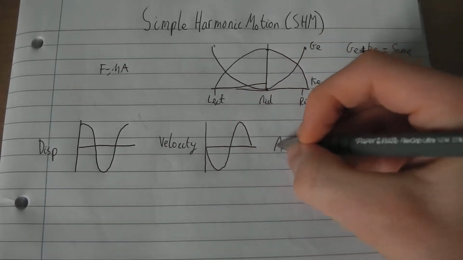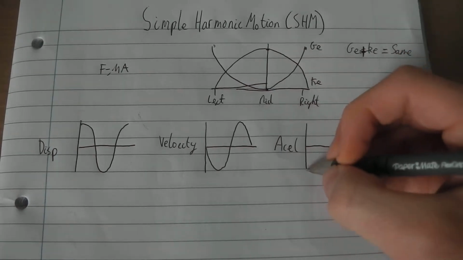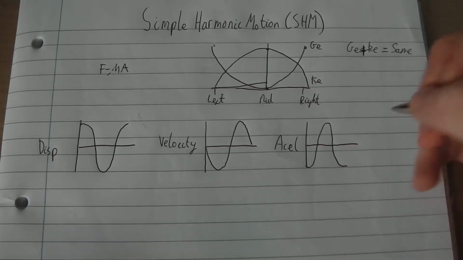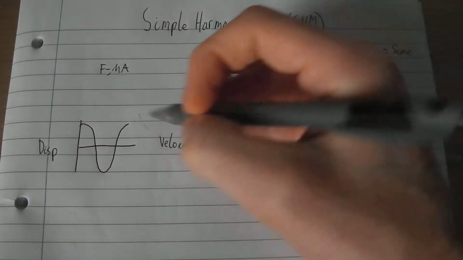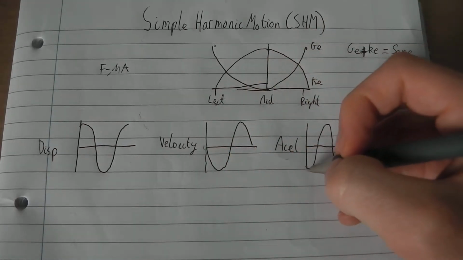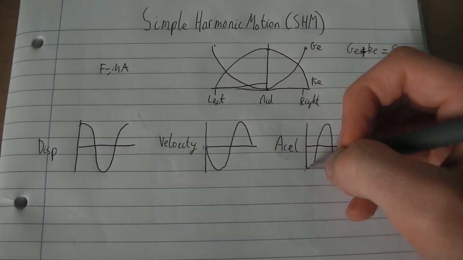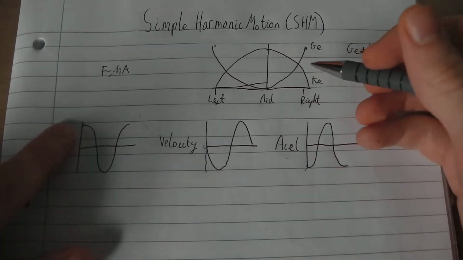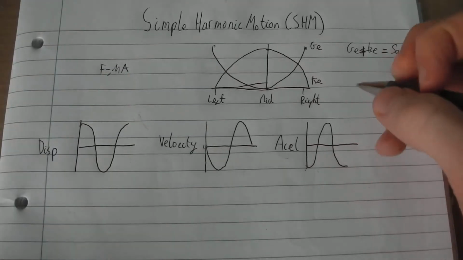This one can be acceleration. Now, these graphs make sense. At the highest displacement, there is no velocity, and there is the maximum acceleration. As said by the definition of simple harmonic motion, displacement and acceleration are opposite. They're directly proportional but in opposite directions.